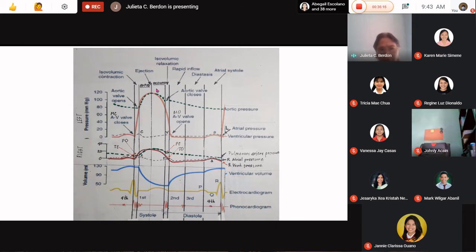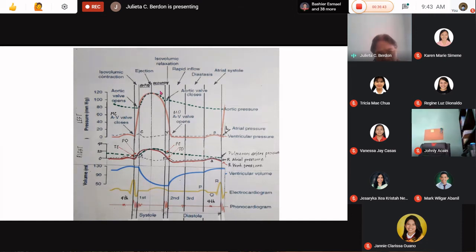Now, the diagram is not very good in its timing, because supposedly this is just 1/3, and that is not 1/3, it's almost 1/2, no? But my drawing is already there, so I put my drawing there. So in this rapid ejection, 1/3 of the blood in the ventricle will be ejected at this time. And the 2/3 will be at the reduced ejection phase.